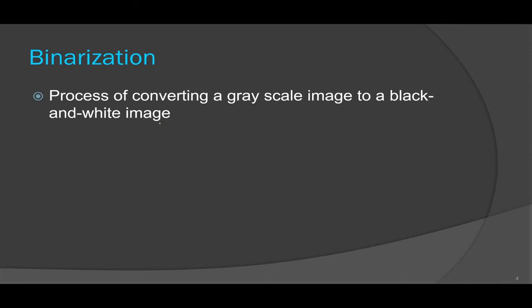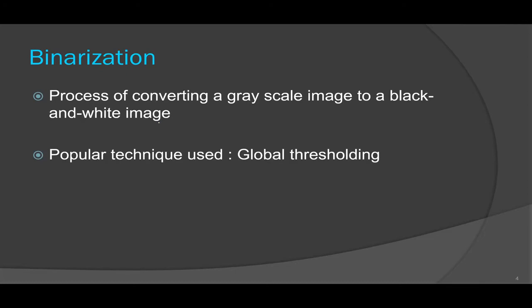The most popular operation to perform binarization is known as global thresholding, which is a very simple and popular operation that is frequently used in image processing. In fact, we have seen this operation earlier.